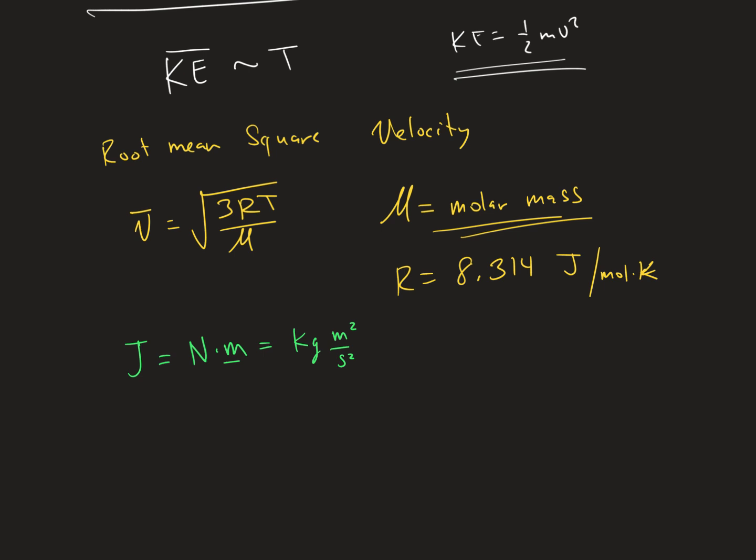All right, so velocity is measured in meters per second. Y'all good with that? Distance over time, okay? So if we have the square root of, now this 3 is just a constant number. That doesn't have any units. And R is going to be joules over mole Kelvin, times the temperature, which better be in Kelvin, divided by molar mass, which is grams per mole.